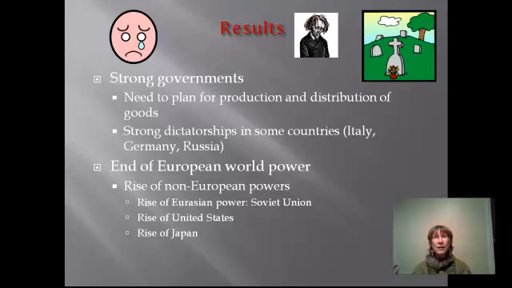And after we discuss these three totalitarian dictatorships in Italy, Germany, and Russia, the Soviet Union, then in the following lesson we are going to discuss the final result of the Great War, and that is World War II. And with this we end the introduction to the lesson.